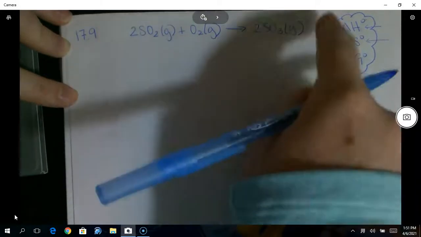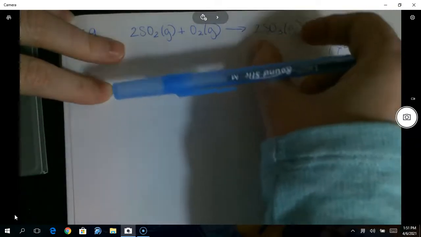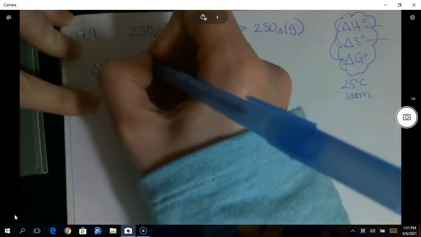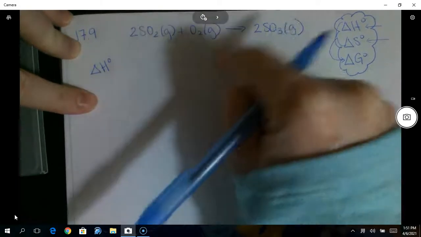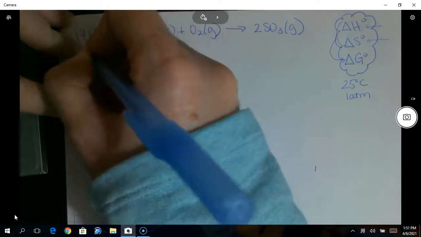So to figure out my change in enthalpies, we'll do that first. We're just going to take each substance and multiply it by its molar value and then do final minus initial. So remember, that's always products minus reactants. So change in enthalpy first. I personally like doing it right underneath because I don't forget information, right? So first going to work through change in enthalpy.